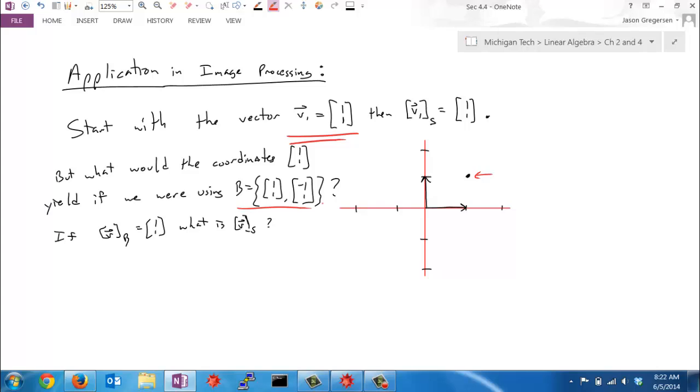So how would I find that? How do I go from these coordinates to these coordinates? I'll give you a second to think about it and chat about it and try to compute it. Look back at that last equation we looked at.